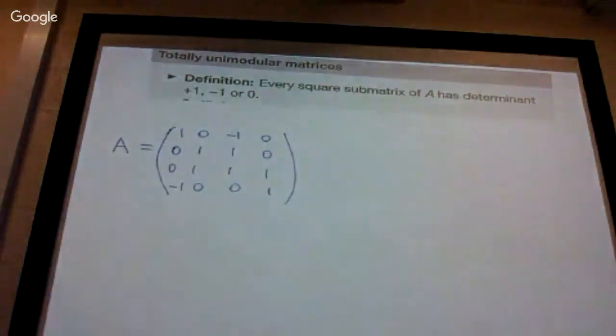I don't know if it's totally unimodular or not. For a square submatrix, give me a number between 1 and 4. 2, thank you.